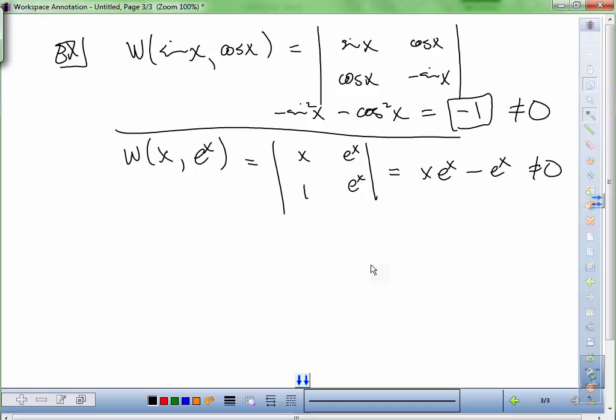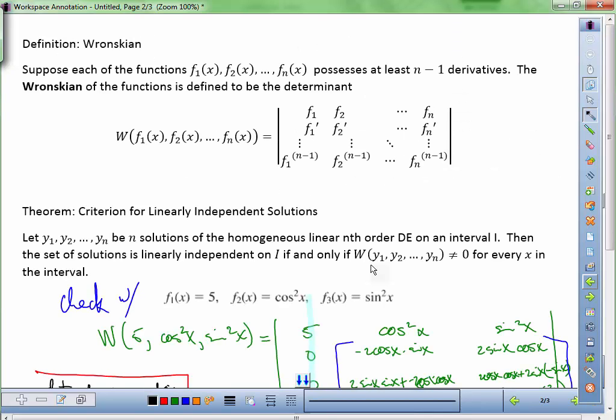I think if x is equal to 1, that would make this thing equal to 0. But that's not a condition for this. This has to be 0 for all x. So no, that just means it's probably not going to be in the domain of something. So this one says if your Wronskian is not equal to 0 for every x in there, then it's independent.